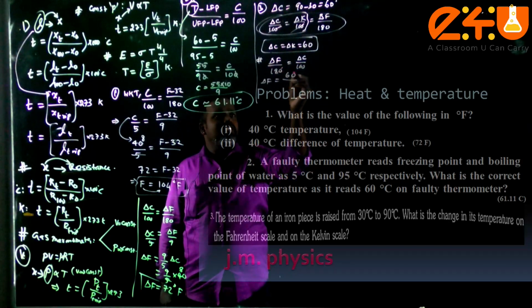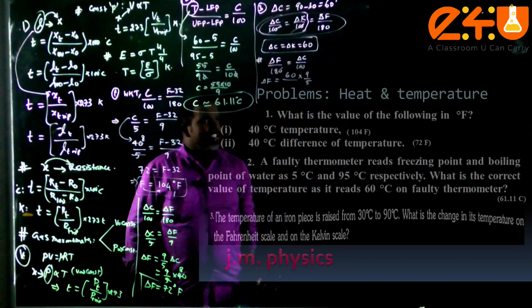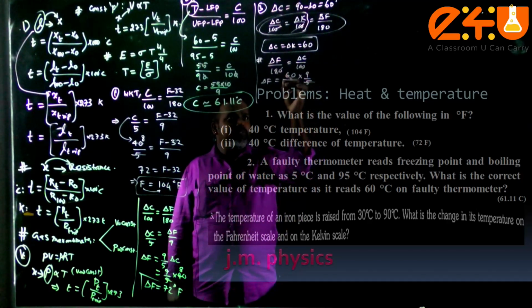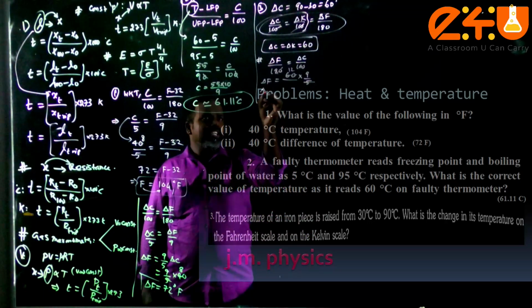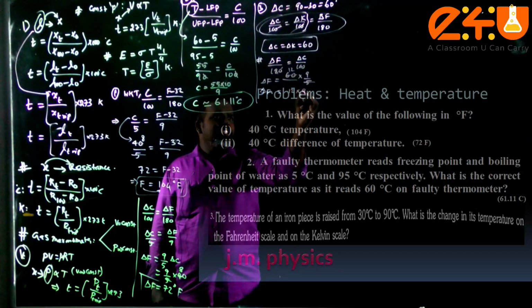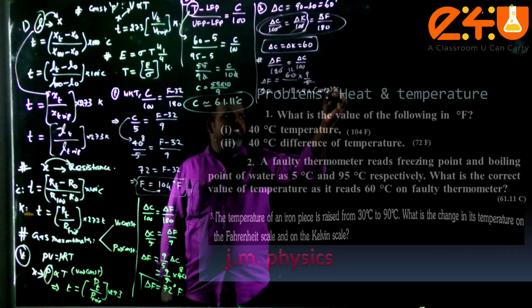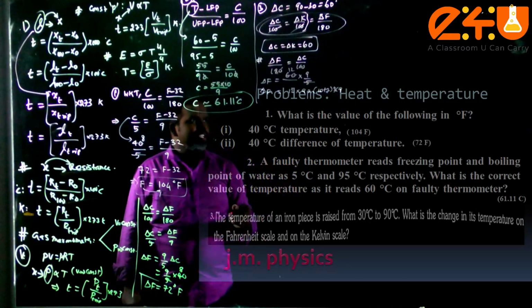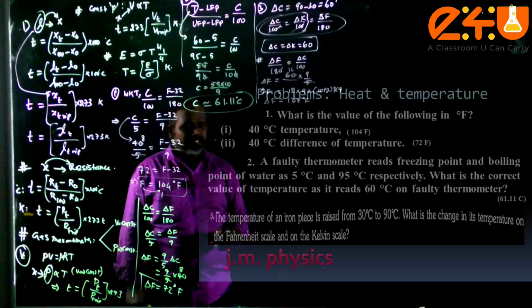You just cancel out, we will get 12 times 9. It is easy to do the numerical: 90 plus 18 is 108 degrees Fahrenheit. So this is the answer for the third question.